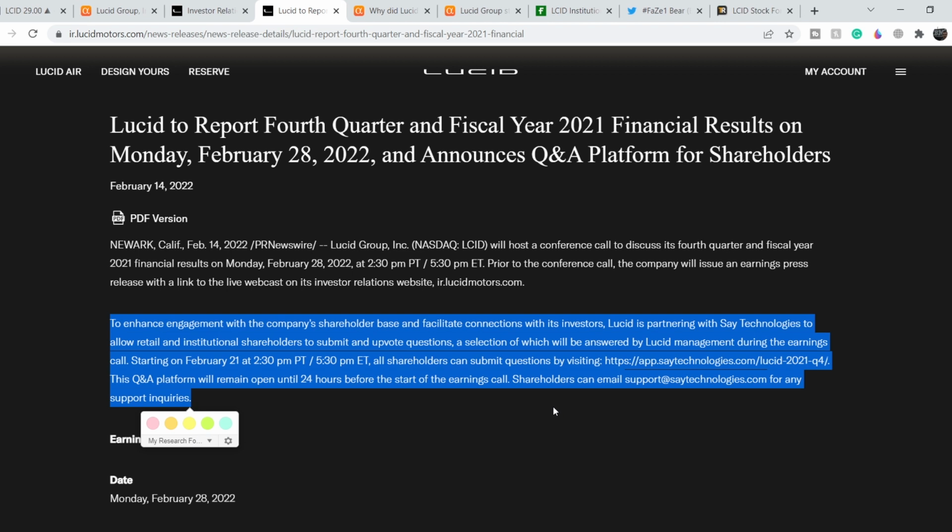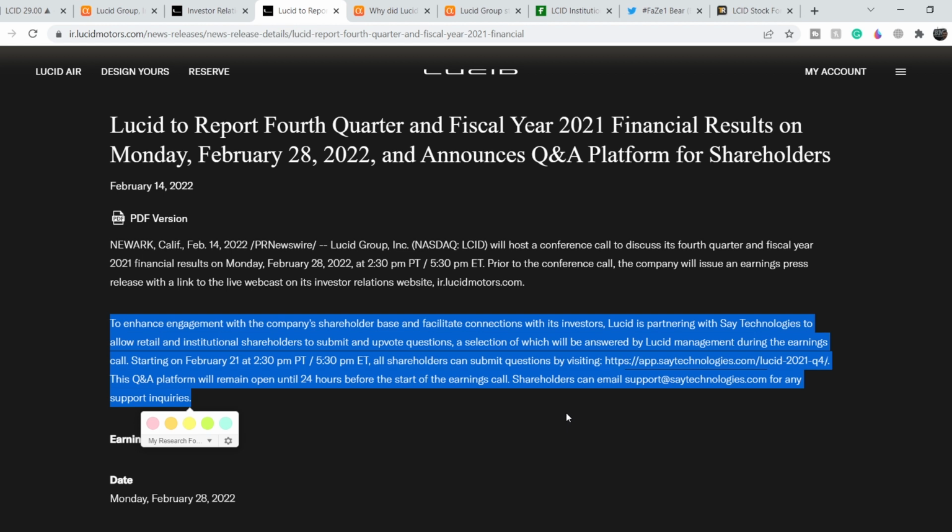And definitely, this news in general will be a major catalyst for the price in the medium and potentially in the long term. Because if they increase their guidance for 2022, and if they increase their potential level of delivered vehicles, and let me remind you that for now it is 22,000 vehicles, in this case the price of Lucid Motors will skyrocket.